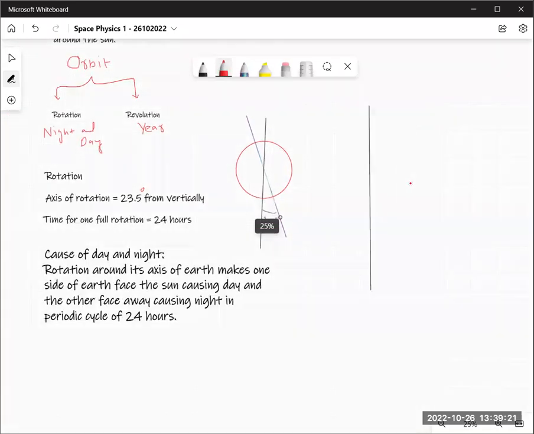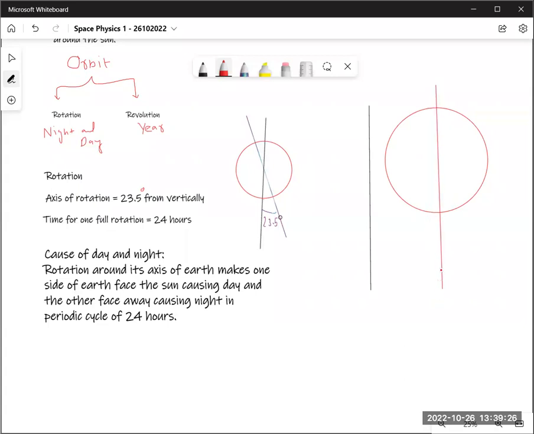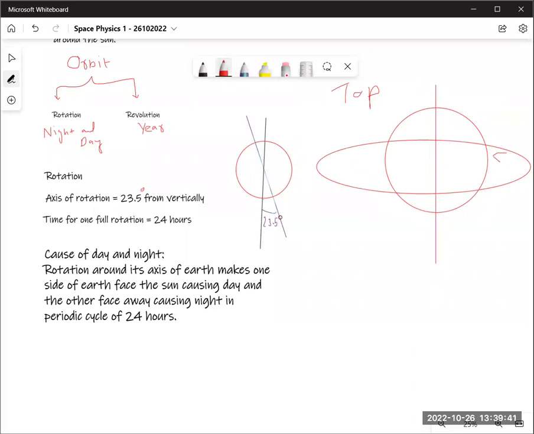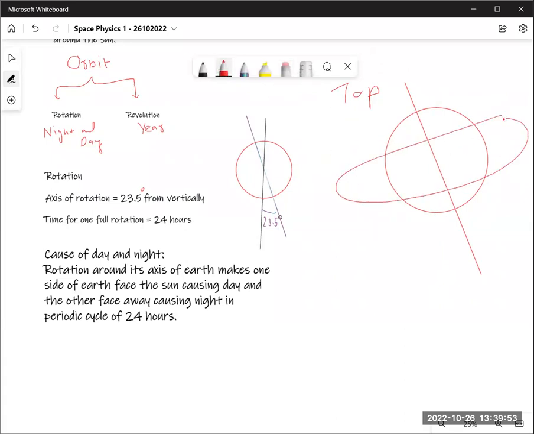Now, if I have the sun and the Earth, imagine the Earth like a top, something that rotates. If I rotate it, Earth will rotate in this motion, that is how a top rotates. But in reality, it doesn't rotate like that. What's happening is the Earth is actually tilted like this, and the rotation is like this. Is that clear? Yeah, got it.